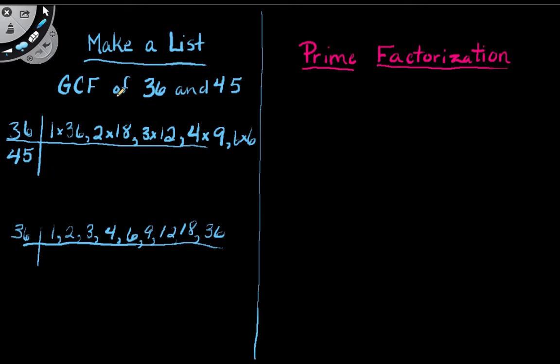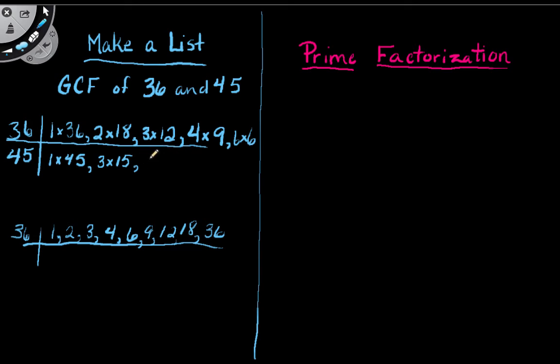Now let's do 45. We'll list our multiplication problems first. We have 1 times 45. 45 is not a multiple of 2 because it doesn't end in an even number, but it is a multiple of 3, so it's 3 times 15.